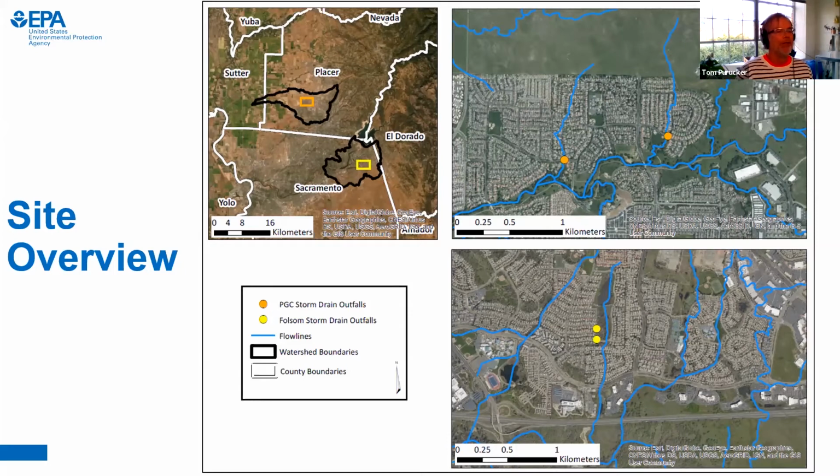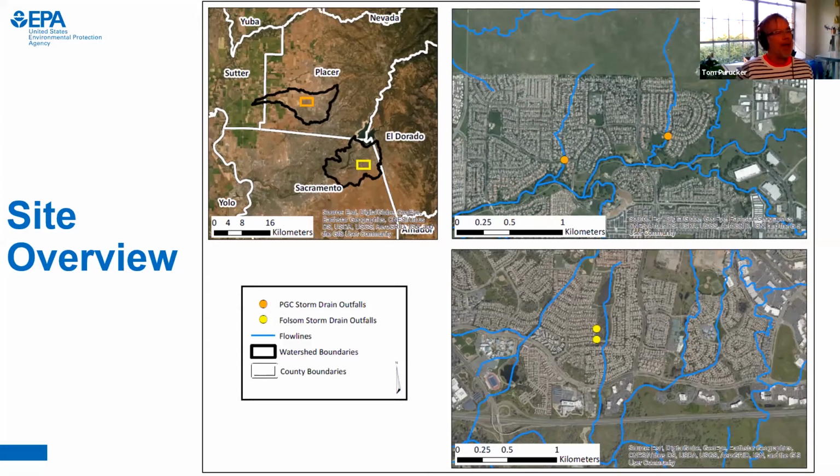We modeled a few different locations. Two of them are a couple of storm drains in Roseville, which is Placer County, which I'll show in a bit. And then it has the Pleasant Grove Creek watershed there. And then also Folsom in Sacramento County proper. So these aren't huge urban areas. Roseville has about 150,000 people.